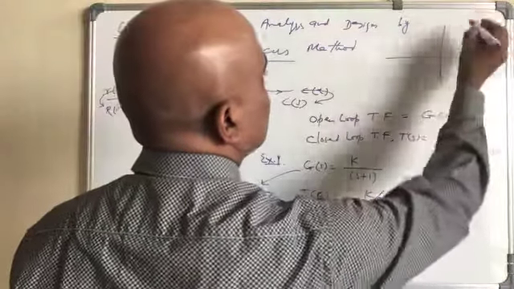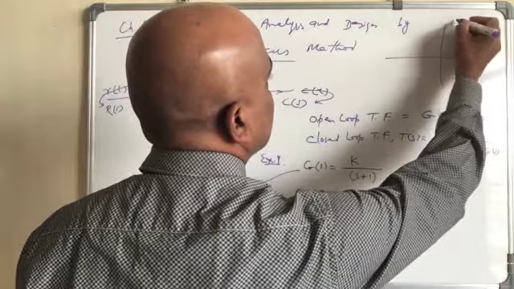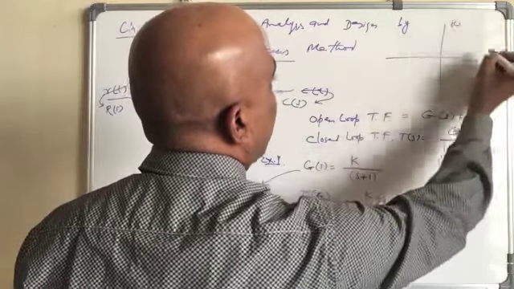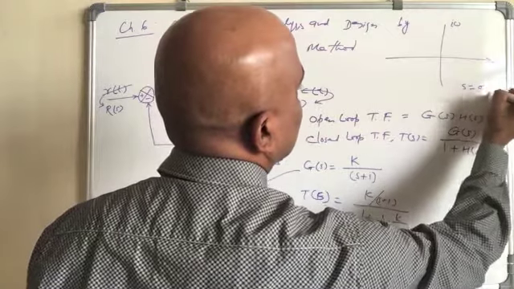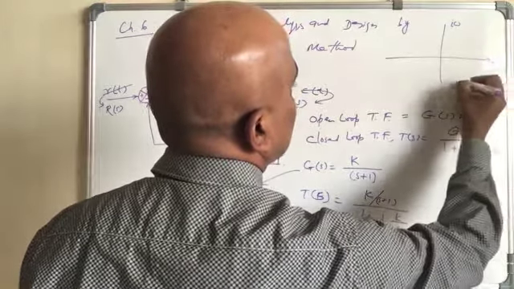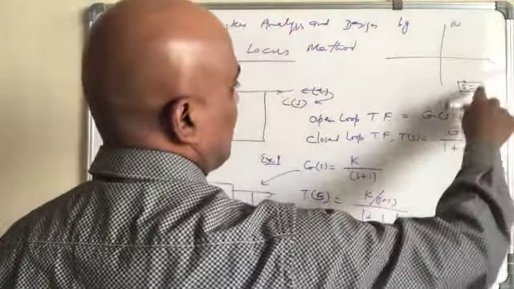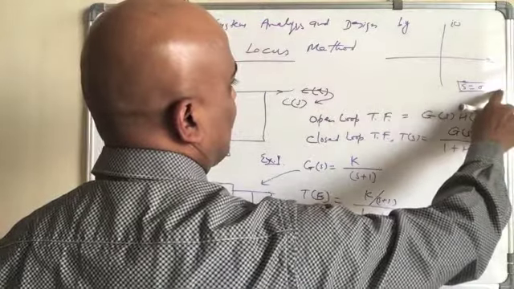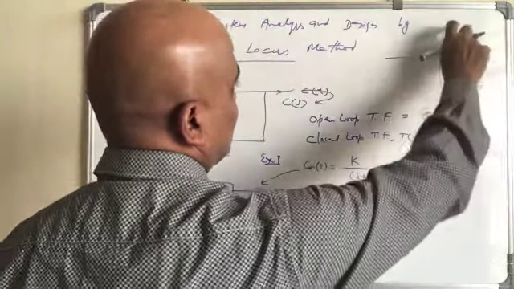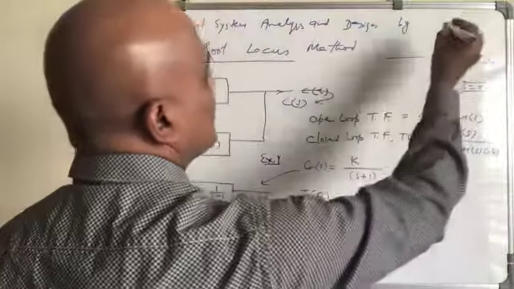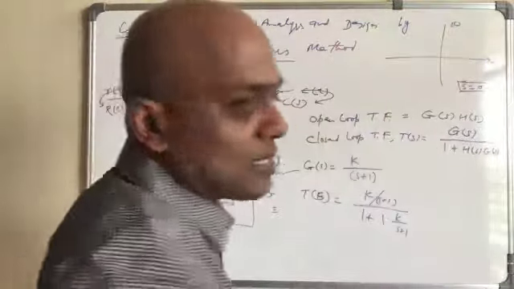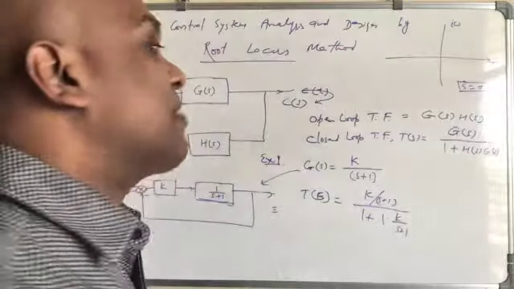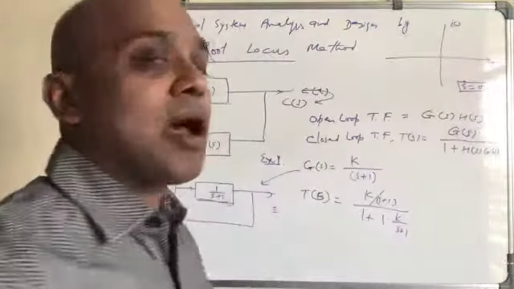This is the S plane, as we have seen. This is j omega, and here sigma, where s equals sigma plus j omega, right? So s is in the S domain. The s is complex, sigma is a real number, omega is also a real number, j omega is imaginary. So we plot it here. We know that as long as the root is on this side, this is going to be stable. Also, we can find out not only whether it is stable, but how it is going to behave.